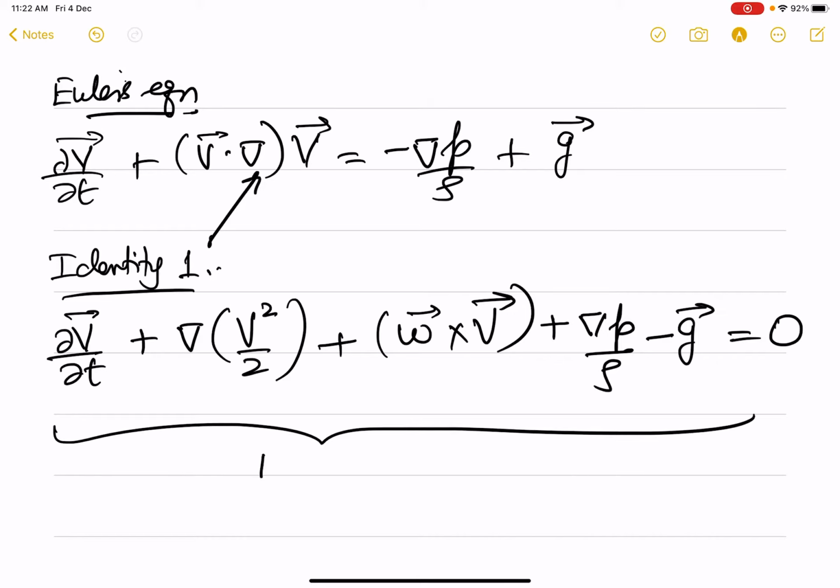So this is also an equally valid form of Euler's equation.